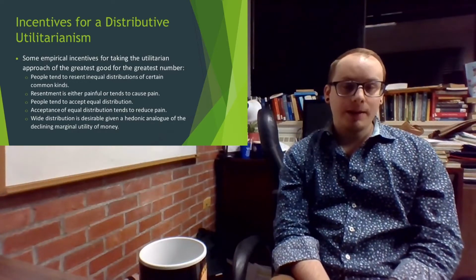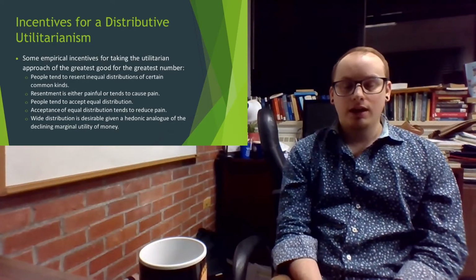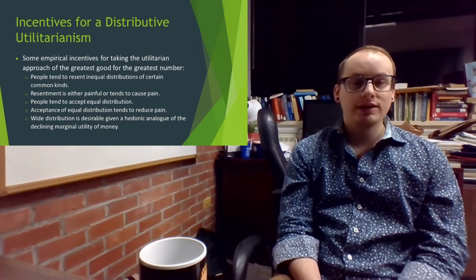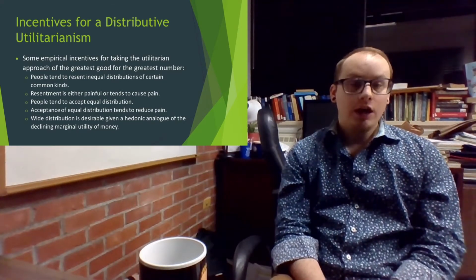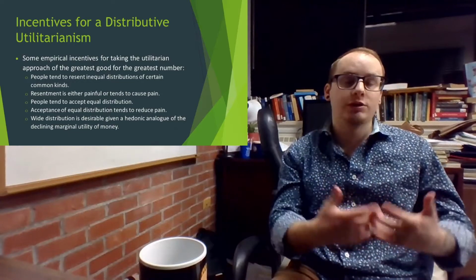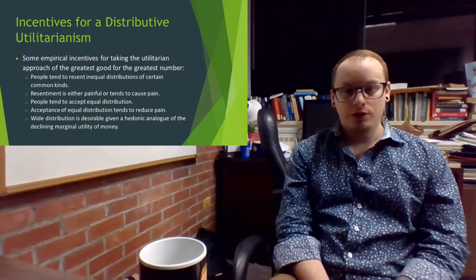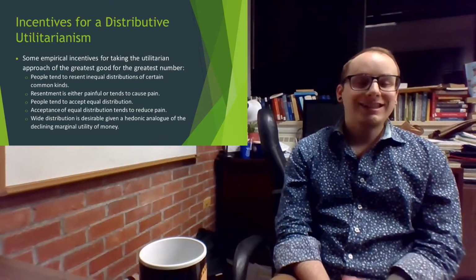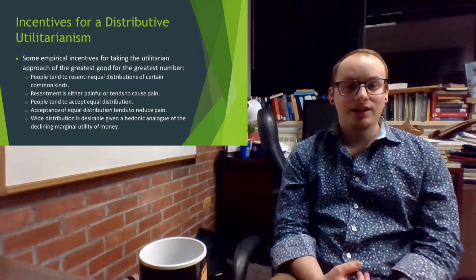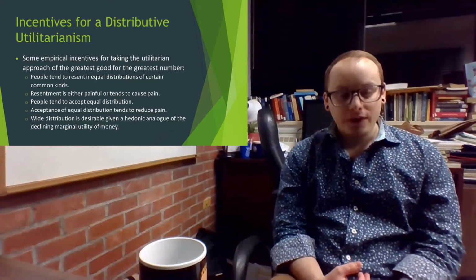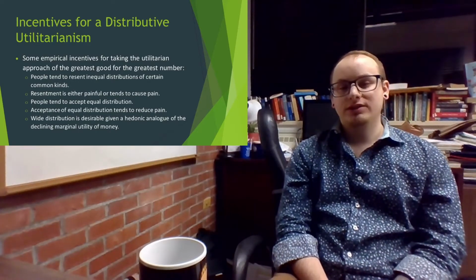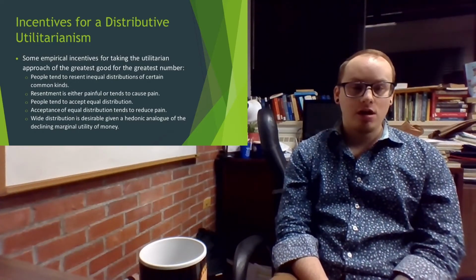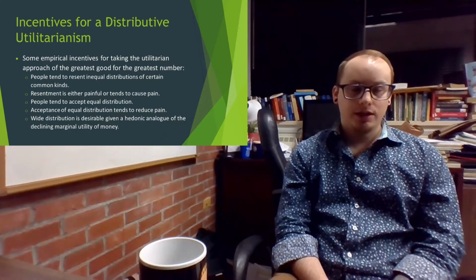They tend to accept the idea that one should do what is the greatest good for the greatest number. So already then we have an implicit endorsement of utilitarian distributive principles. The fourth reason, acceptance of equal distribution tends then to reduce pain. And the fifth reason, why distribution is desirable given a hedonic analog of the declining marginal utility of money.